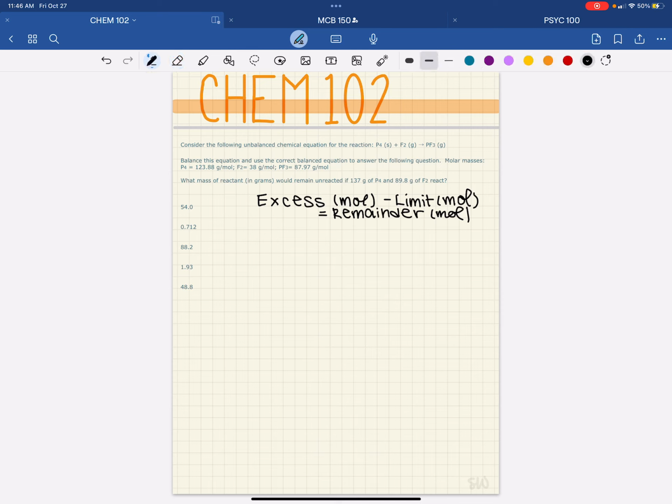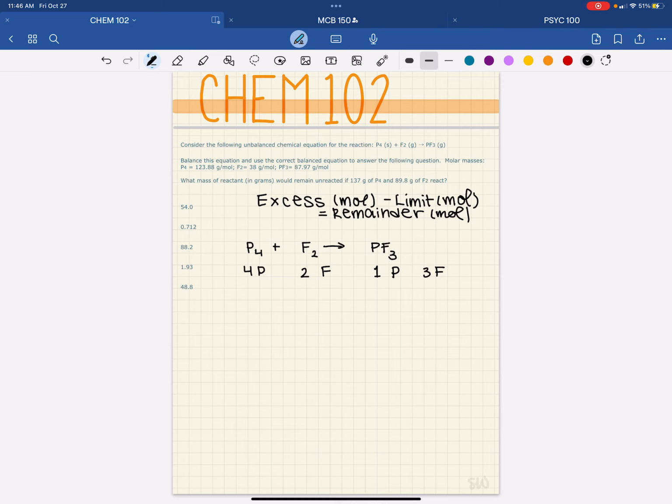So I have P4 plus F2 makes PF3. Now, I know that I have, in terms of raw material, 4P on this side, 2F, and then 1P on this side, and 3F.